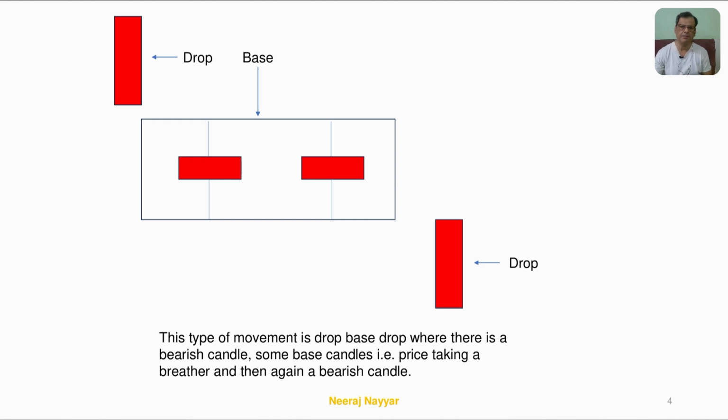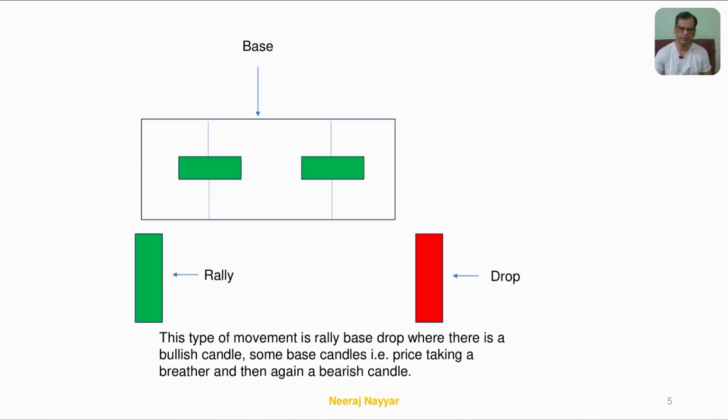Now there's another type of pattern here, similar to what we saw in the bullish pattern. You have a rally where the bulls are taking the price higher, and price takes a breather. Remember, these candle colors are not important, and neither is it important to have a doji here. What this simply means is price is consolidating here and then price drops again because the bears overpower the bulls.